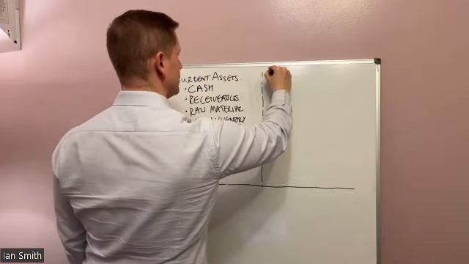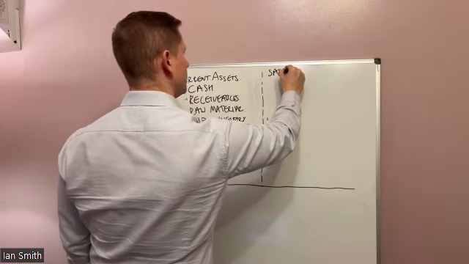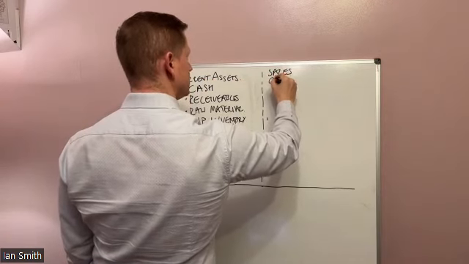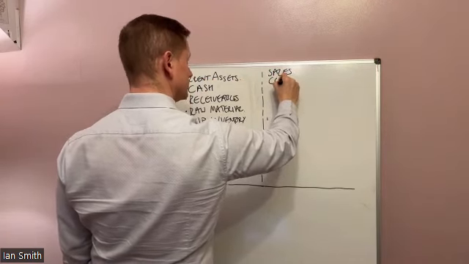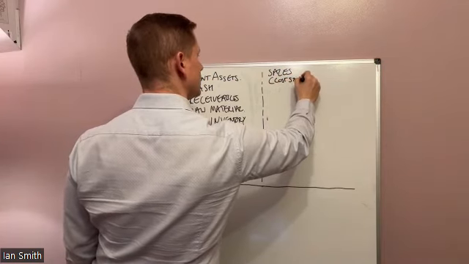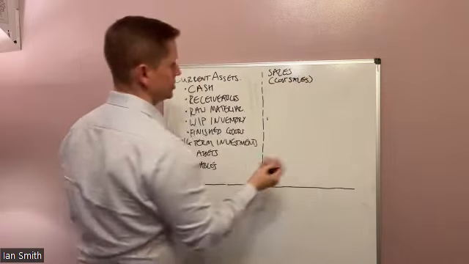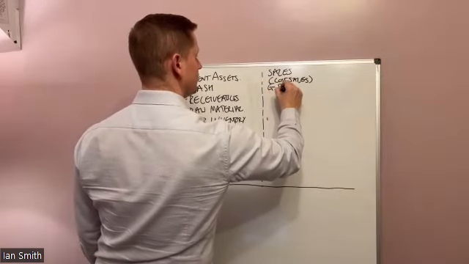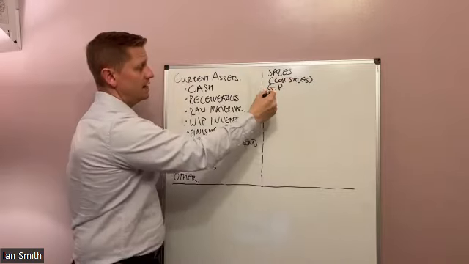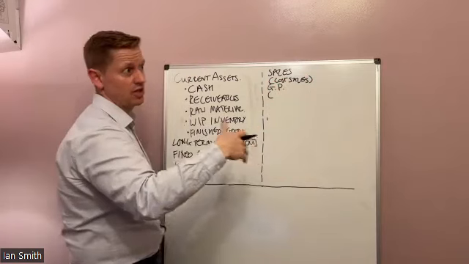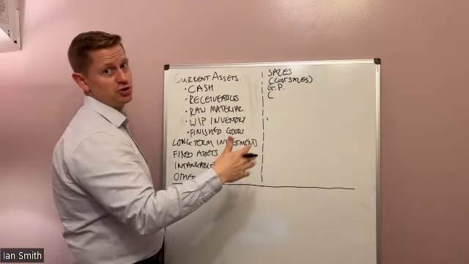So in profit and loss, you've got sales. You've got cost of sales, in brackets, because it's going to be negative. You've then got gross profit. You then have expenses, or sometimes called sell general admin or SG&A.